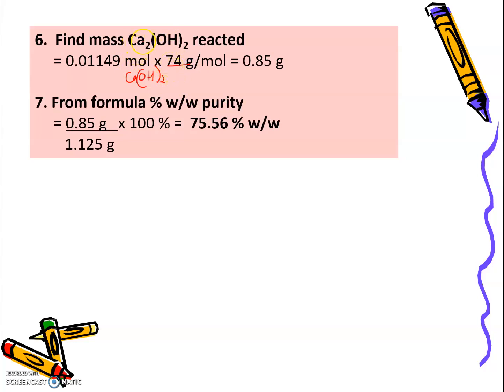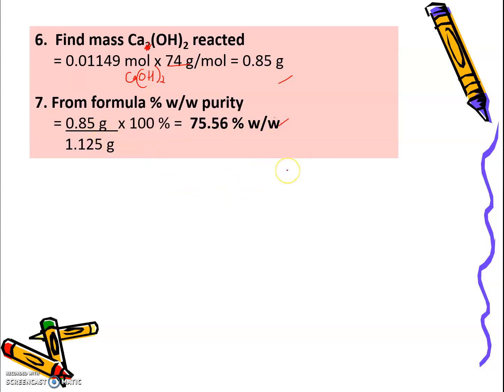So for calcium hydroxide, calcium plus 2 times oxygen plus 2 times hydrogen for atomic weight, and then you will find 74 gram per mole. Okay, so the answer is 0.85 gram.